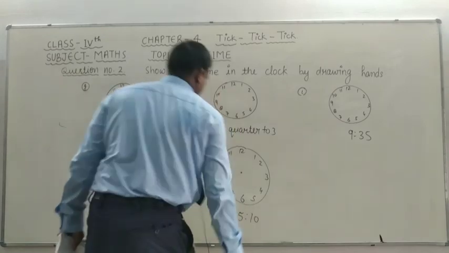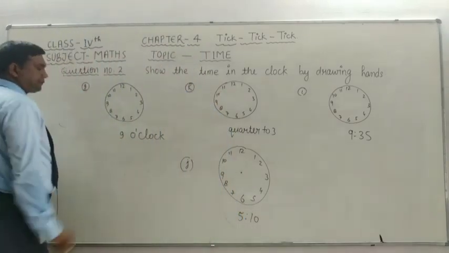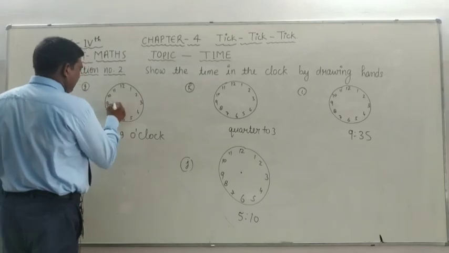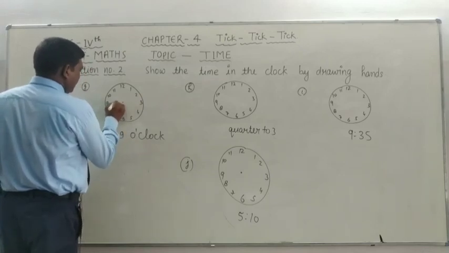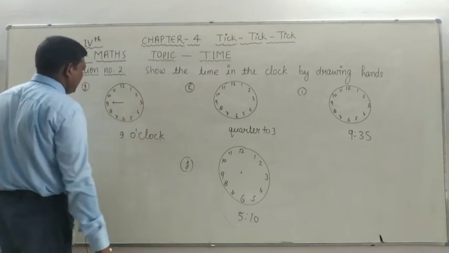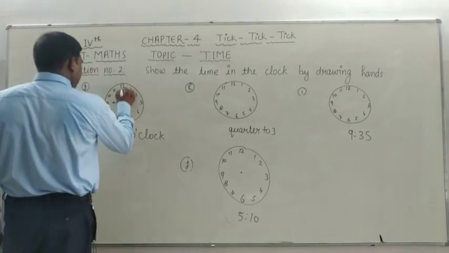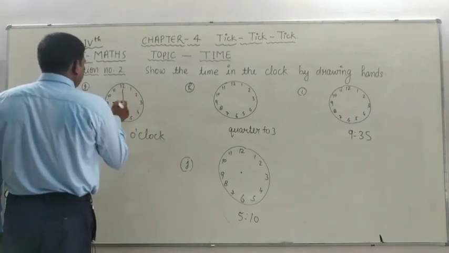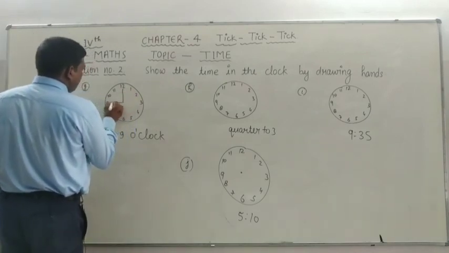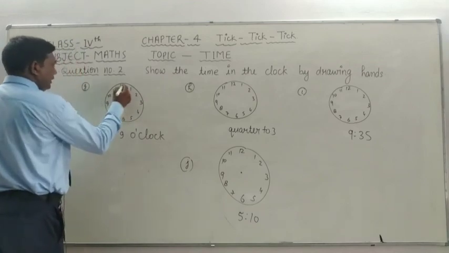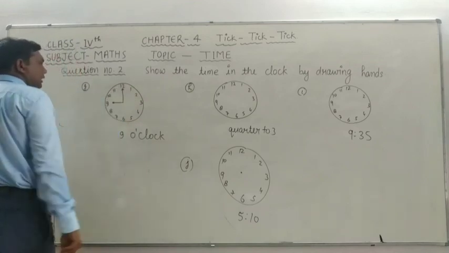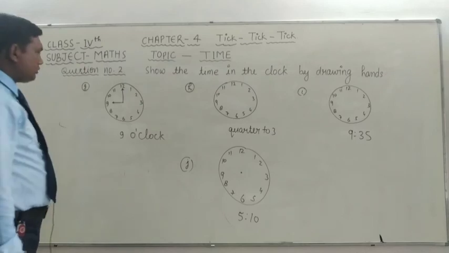Look here, given that 9 o'clock, therefore firstly we have to take the hour hand exactly at 9 and the minute hand exactly at 12. Okay, students.